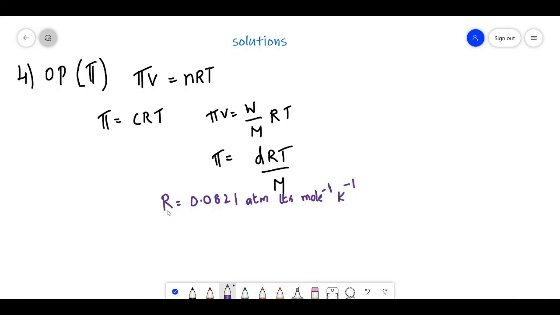So these are the units of R. And in some problems, the pressure is given in bar, then you can take this as 0.083. But there is no much difference in the answer. You can remember either 0.083 or 0.082. No problem.